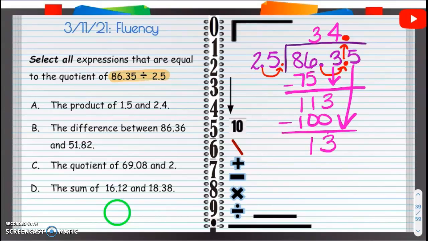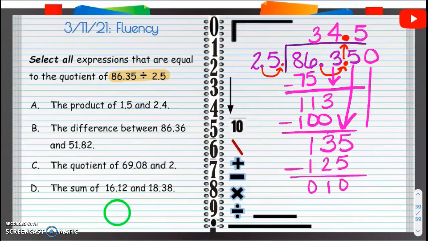We're going to have to drop down this 5. 135, I know it can go in 5 times. And we get 125. Subtract, 5 minus 5 is 0. 3 minus 2 is 1. 1 minus 1 is 0. Drop down. We're going to have to add a placeholder 0 and drop it down. 25 can go into 100 4 times.